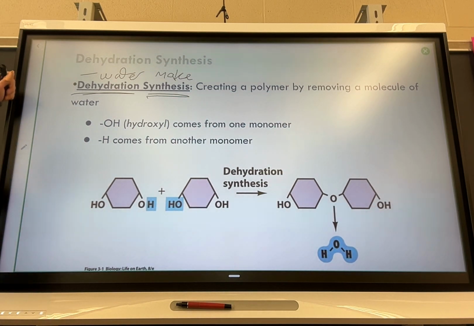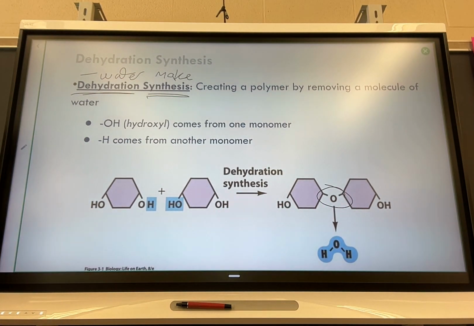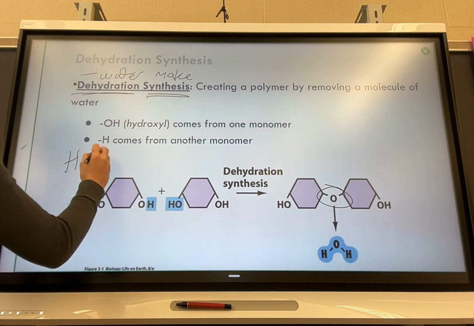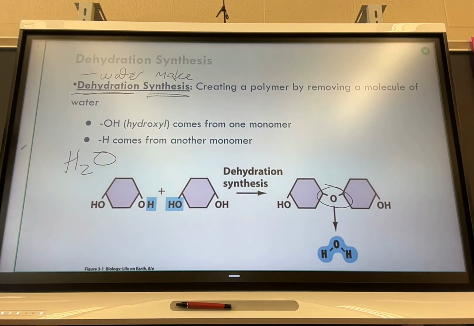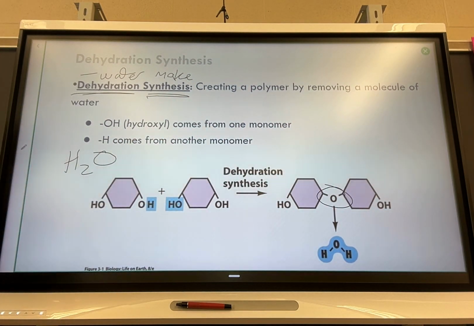So dehydration synthesis, we are creating, in this case, a bond between two monomers. In order to do this, we need to remove a molecule of water. Now, what is water? Water is H2O. So you can see on all of these monomers, we have these OH groups on both sides.